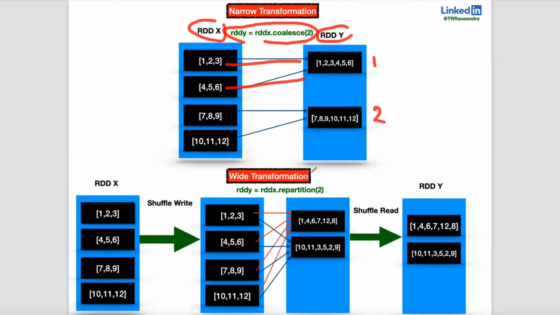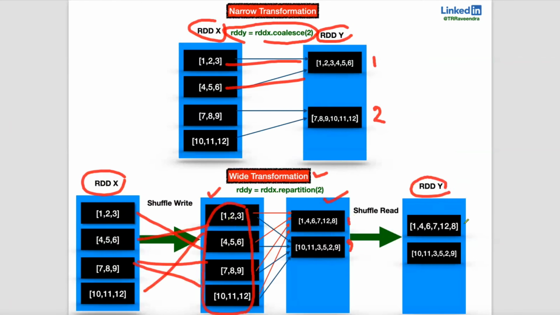Then when you go with the other transformation, repartition, there is shuffling. Shuffling means first RDD X takes the data in 4 partitions and writes it in memory as it is. Then it will shuffle the data, and shuffling is required even while writing. Shuffle can be done from this one to here, this one to here, but I'm not showing the full diagram. Four partitions are written in memory with shuffle write, then shuffle read, then it shuffles and gives you 2 partitions.